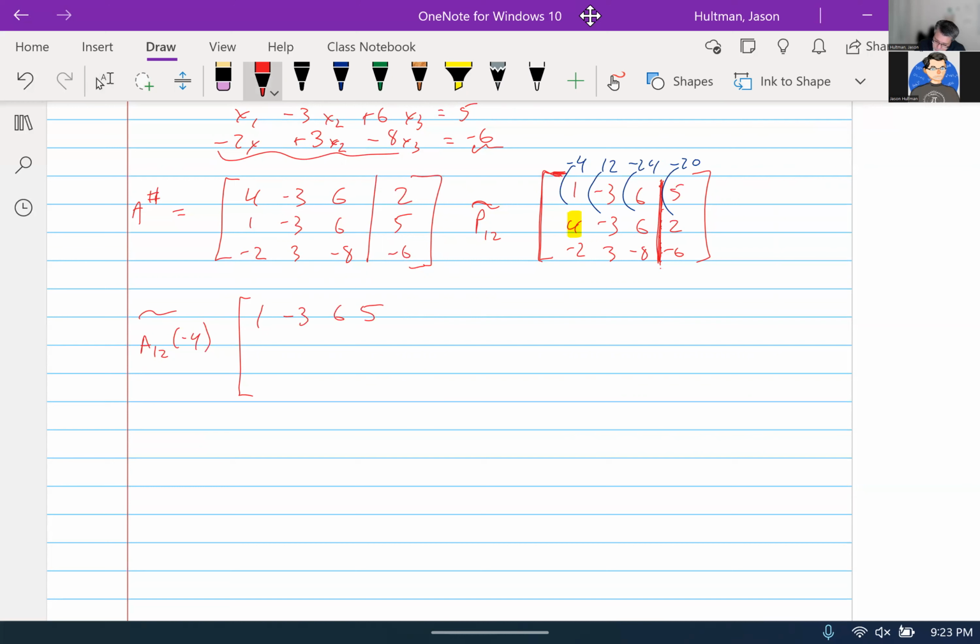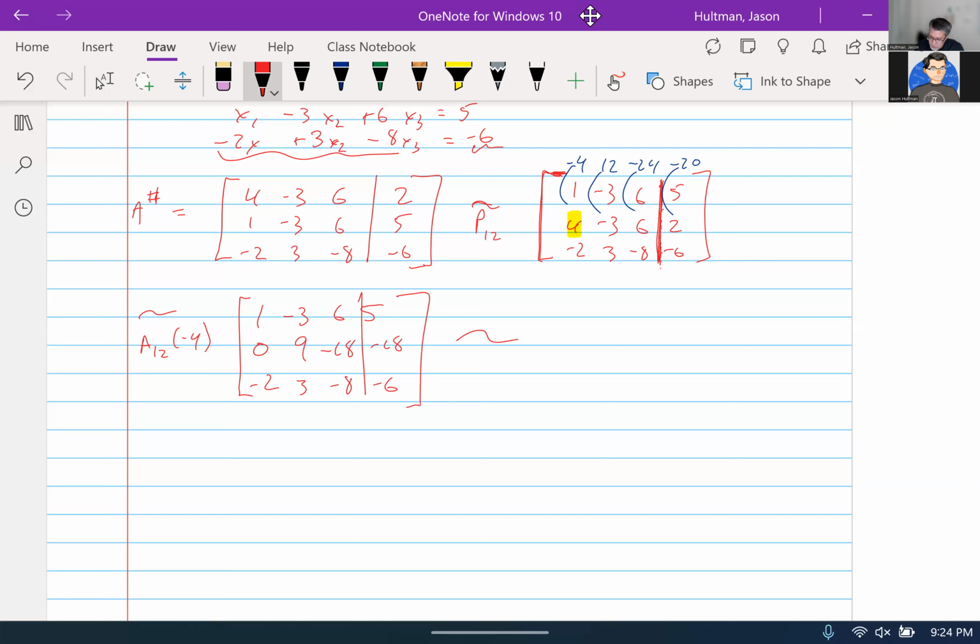Then we're going to get 0, 12 minus 3 is 9, negative 24 plus 6 is negative 18, and negative 20 plus 2 is also negative 18. That's kind of nice. And then the last row stays the same: negative 2, 3, negative 8, negative 6. And we'll put our line for our augmentation.